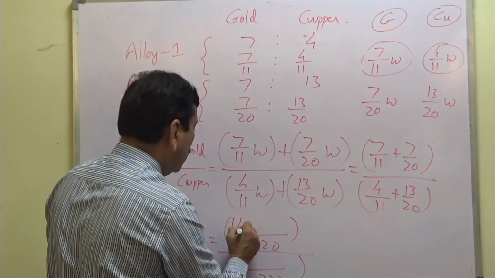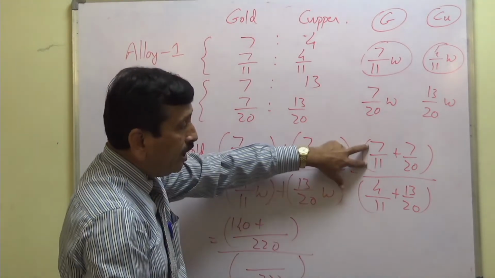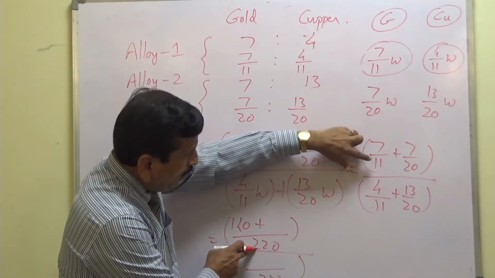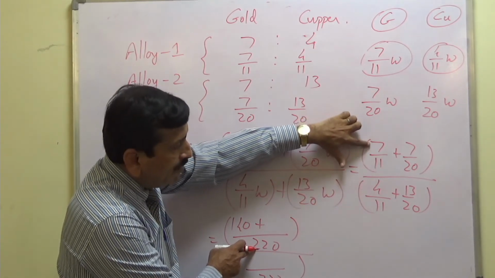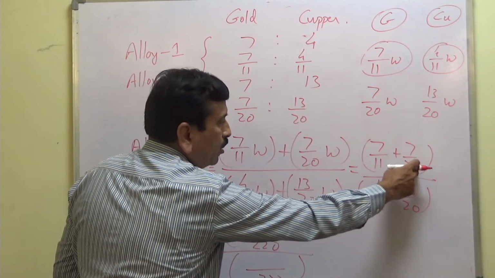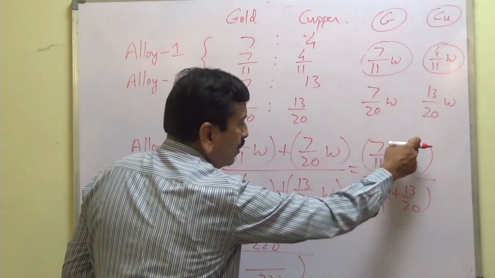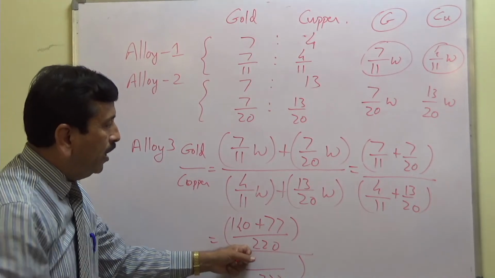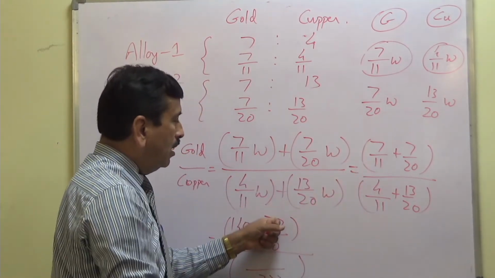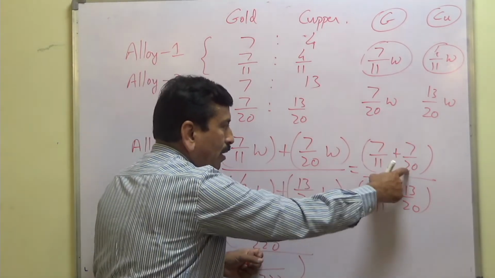I'll get 140 here. How do I get 140? I divide this 220 by 11, I get 20, and multiply this by 7. So the 20 is multiplied by 7 and 11 is multiplied over here. I'll get 140 upon 220 is 7 by 11, and 77 by 220 is 7 by 20.